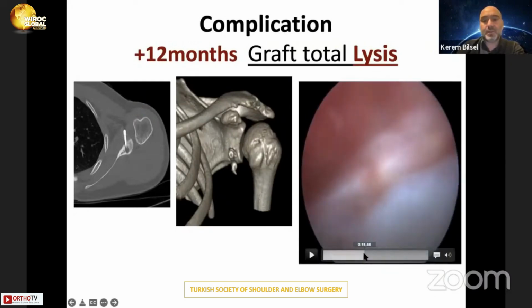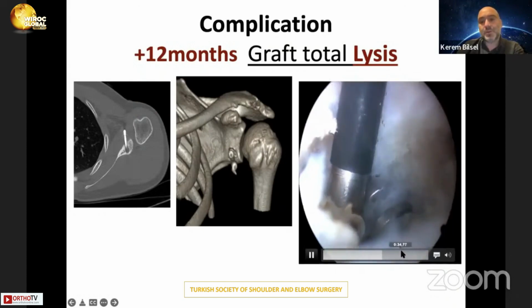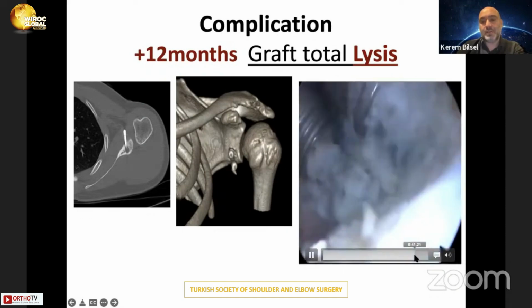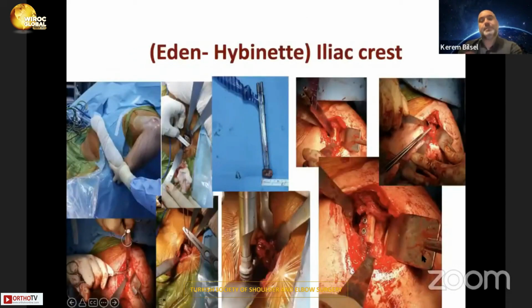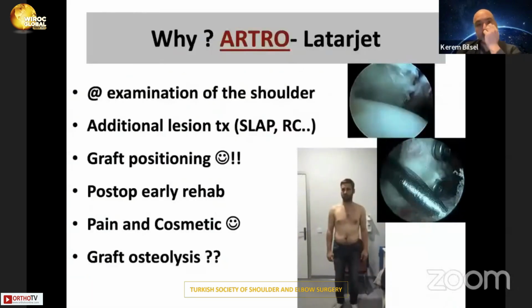There's nothing left, just the capsule, neocapsule, and there's no bone inside. So we remove the screws, and we use for the revision the Eden-Hybinette procedure. We take an iliac crest graft and put it for the revision, as you see in the CT scan.